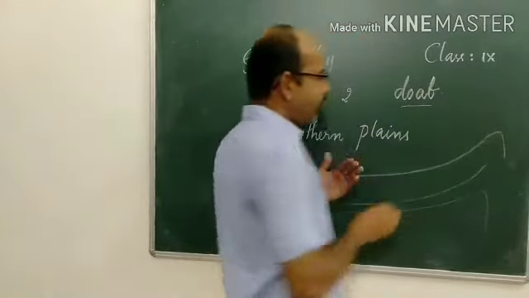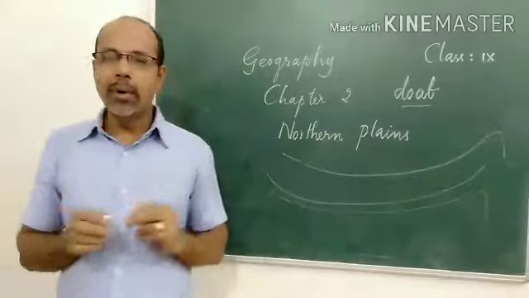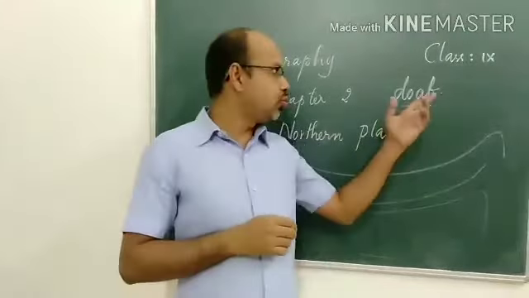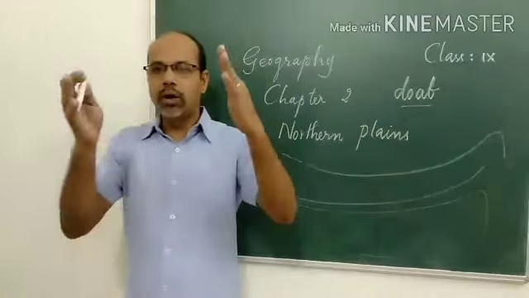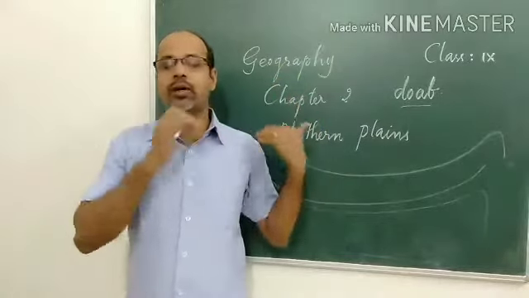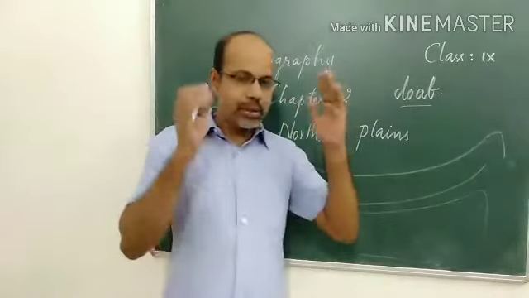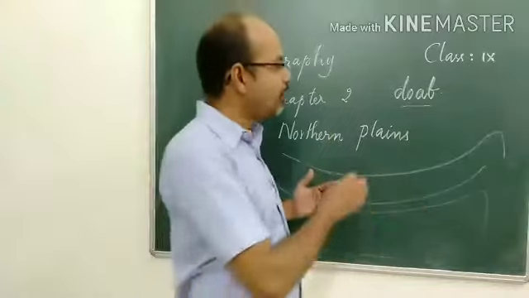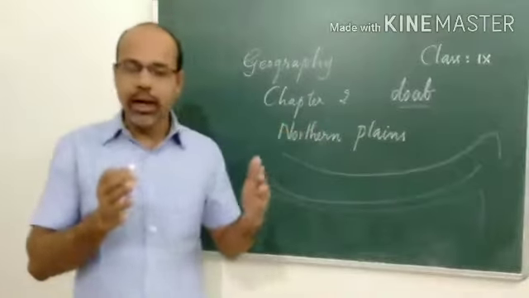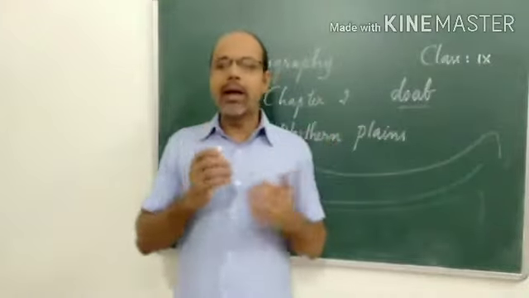It's a Hindi word. Do means two and Ab means water or river. Doab means the land between two rivers. As five rivers flow through this region, the land between two rivers is found there.